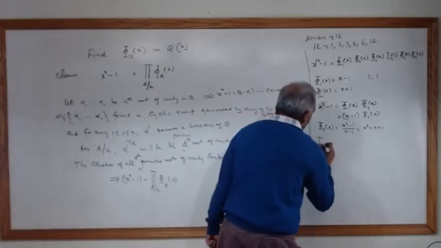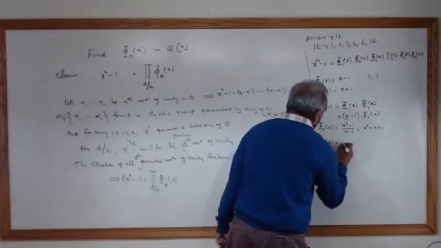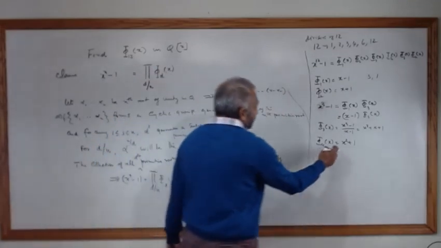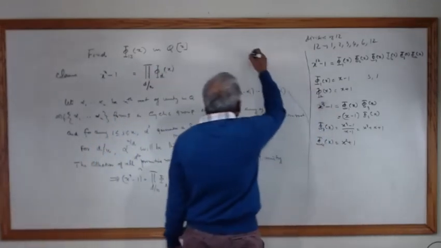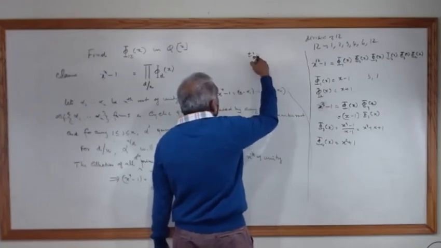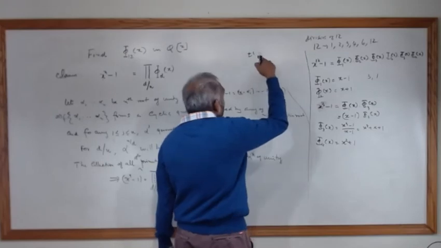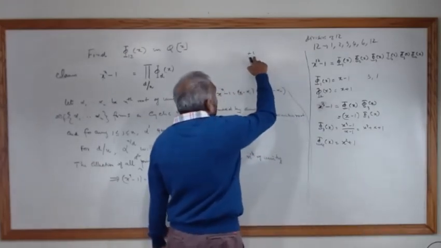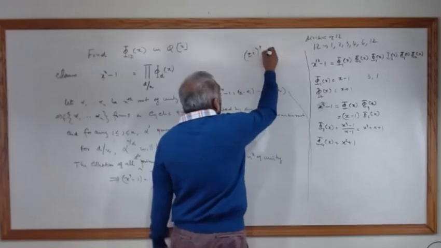We know that phi 4 of x is equal to x square plus 1, because the roots of this are plus or minus i, and 4 is the lowest degree for which it becomes 1.